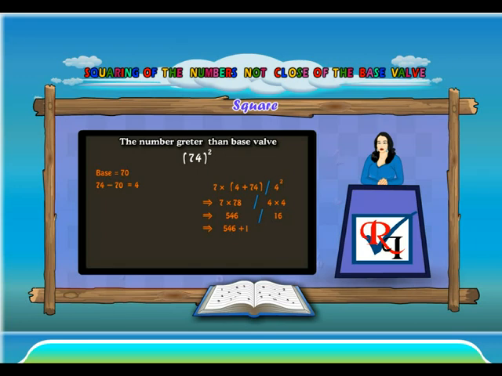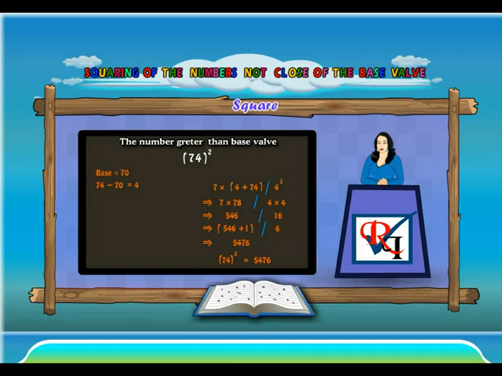So carry 1 to 546 and what we get is 547 and 6. Now we can remove the separator. Then finally we get 5476, which is the square of 74.